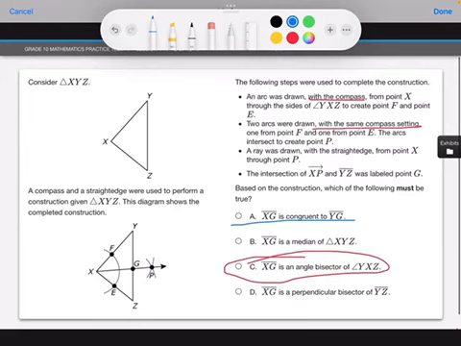XG is a median of XYZ. So, for XG being a median of XYZ, you're saying this, and I would definitely advise you to refresh, cuts into half.